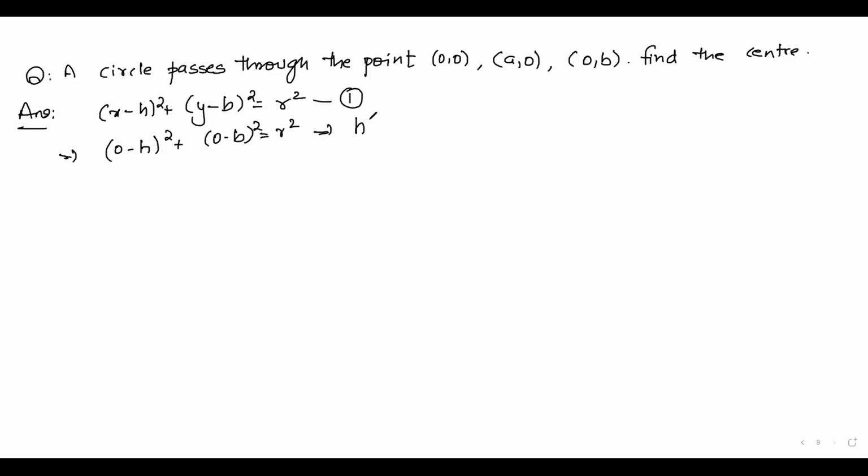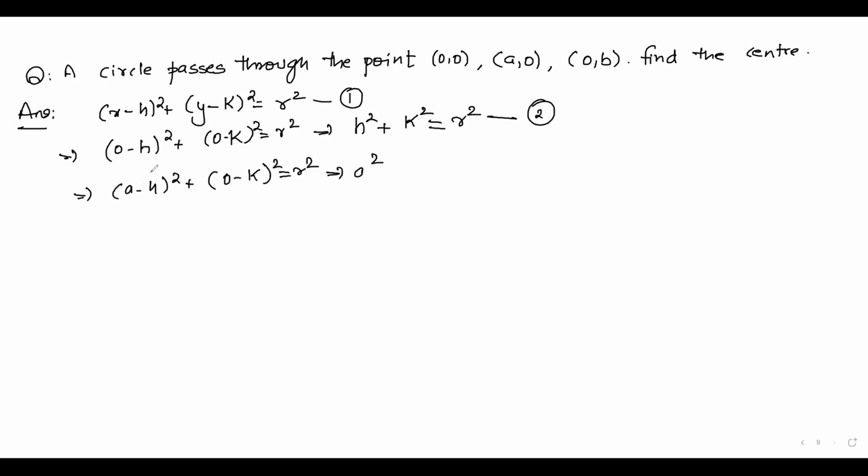So this will give you h square plus k square is equal to r square. Is this clear? Now put this point a comma 0 here. So you will get a minus h whole square plus 0 minus k whole square is equal to r square.